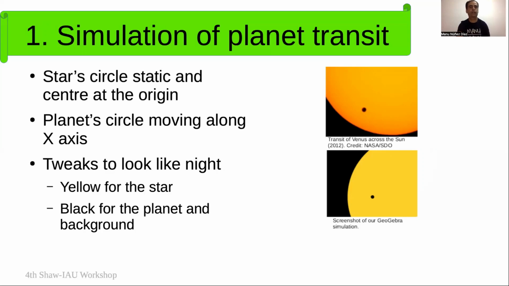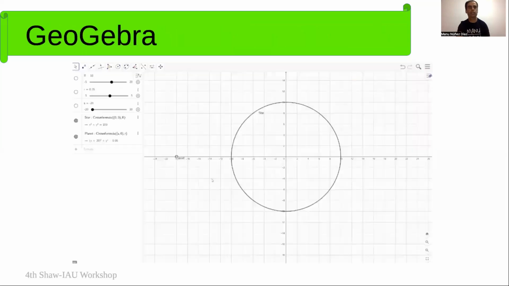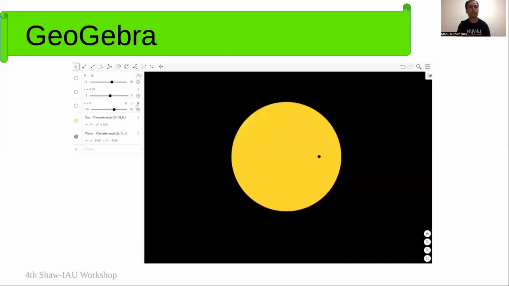Later, fill-in background colors were modified to give the aspect of a real night. Just 5 command lines were needed to simulate the planet crossing its host star. After modifying the star, planet, and background colors, and hiding the axes from the plot area, here is a clean shot of the final result.